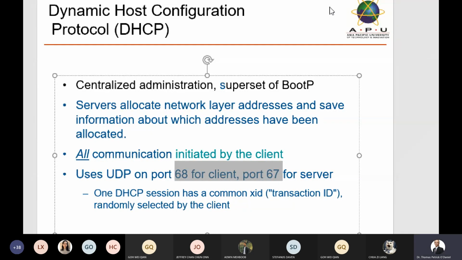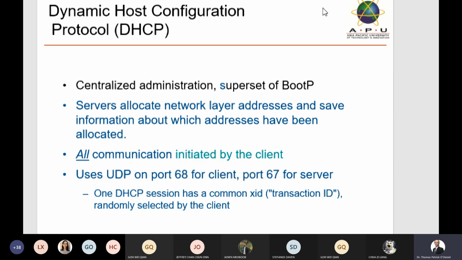Normally, for every other protocol that we talk about, all of the client to server messages and the server to client messages have the same port numbers in that TCP header.